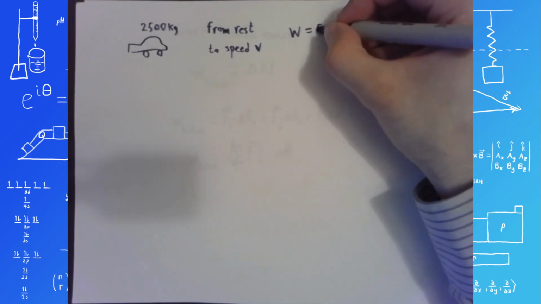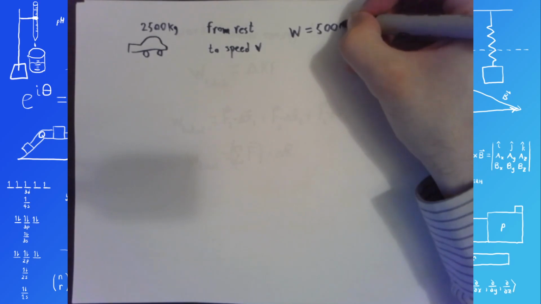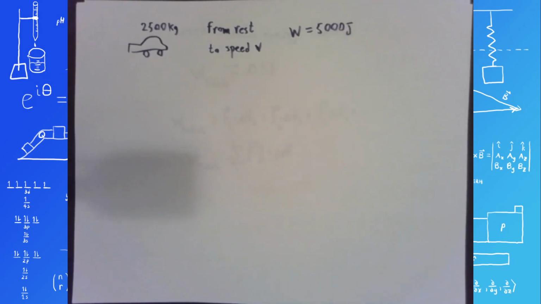Work done, 5,000 joules. And then they say during this time the car moves 25 meters, neglecting friction between car and road. Find V and the horizontal force exerted on the car.